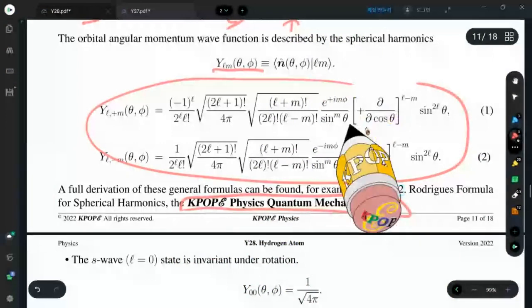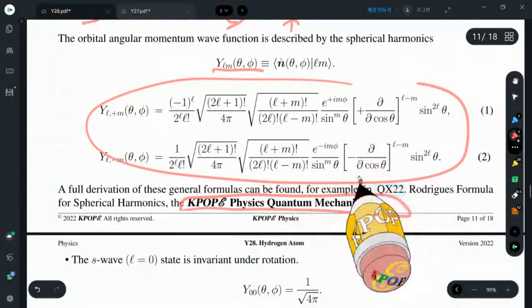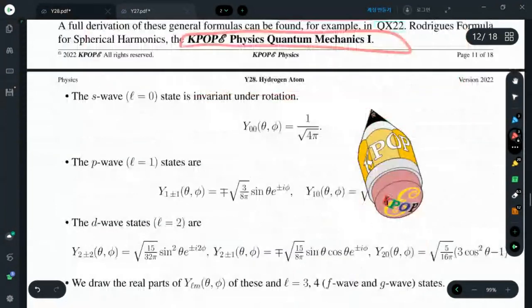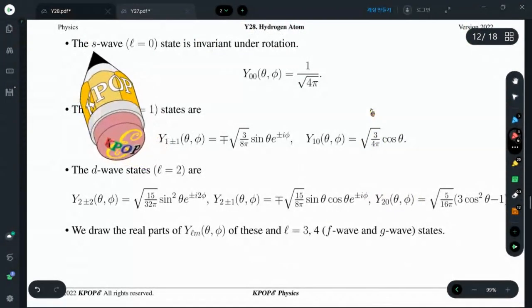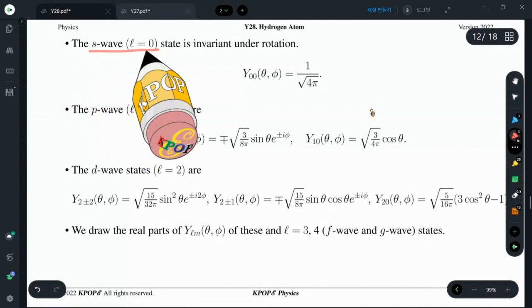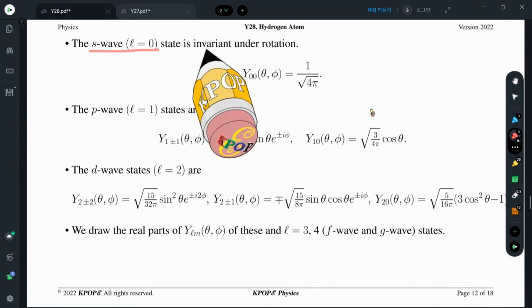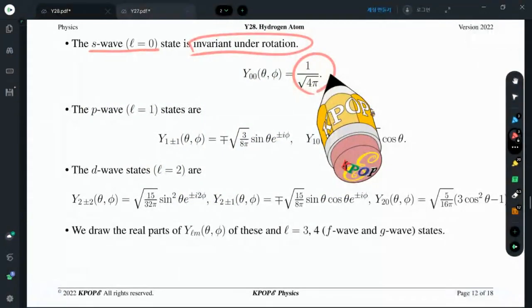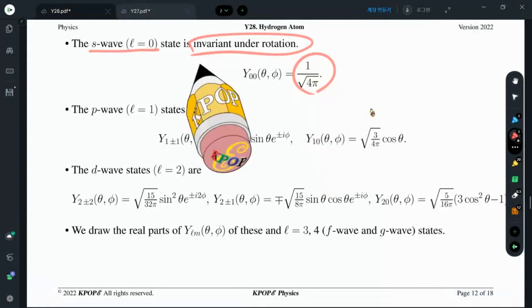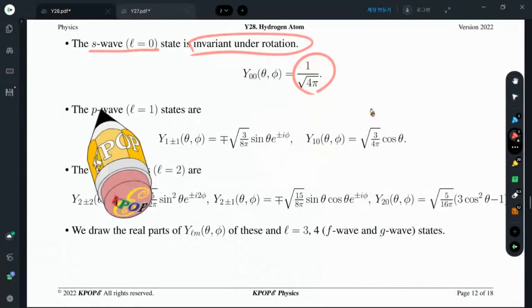If you're interested, you can derive everything following these notes. Especially, the special value l equals 0 is called S wave. S wave means it is independent of direction, so invariant under rotation. We do not find any theta-phi dependence in the leading piece, Y00.